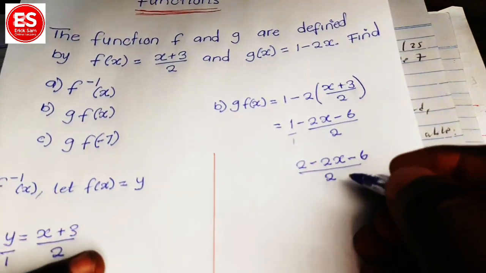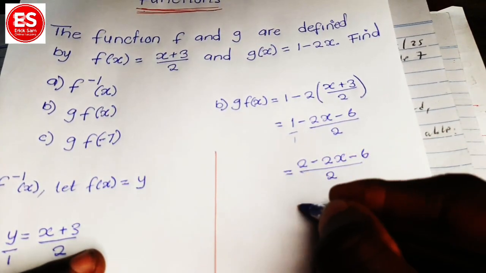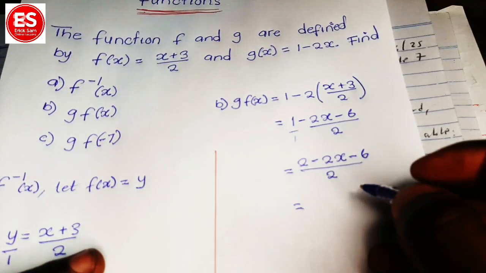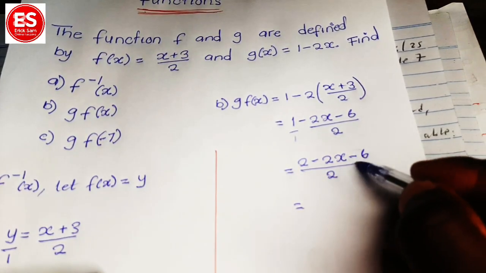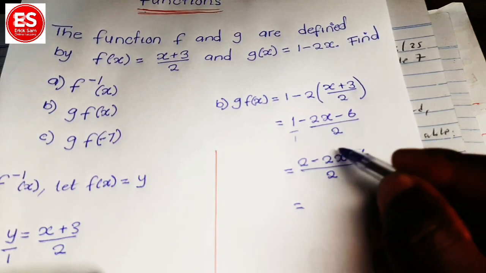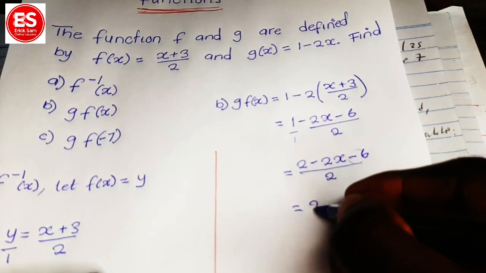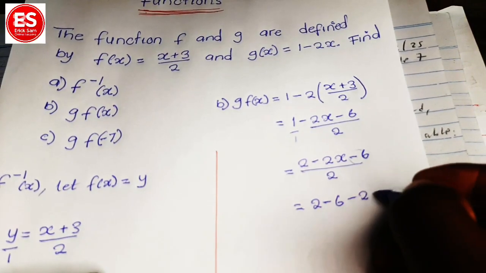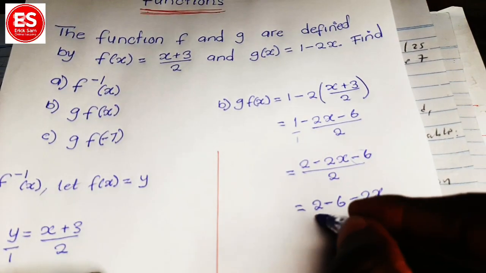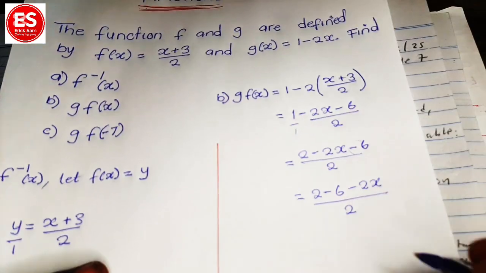Now from there, you organize the like terms. You have 6 here, negative 6 and 2. So if you rewrite them, you're going to say 2 minus 6 minus 2x, over 2, right?